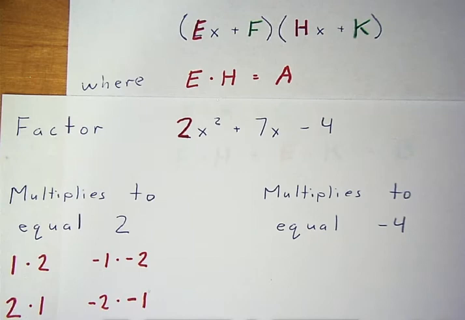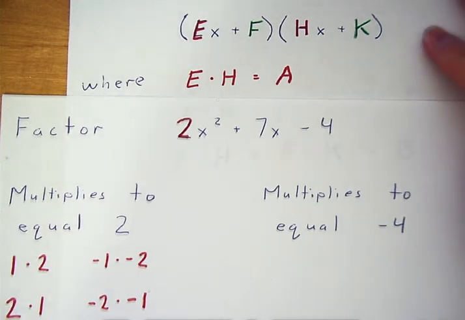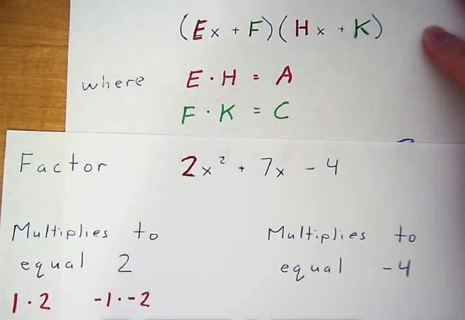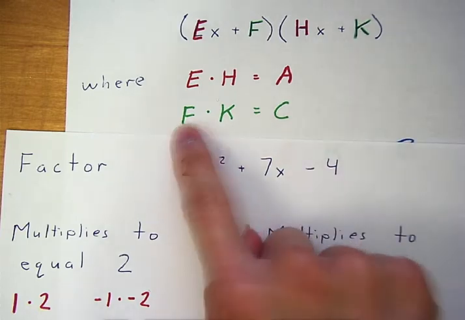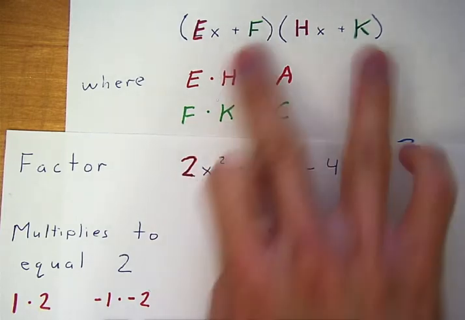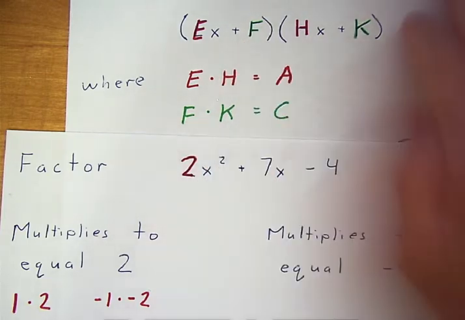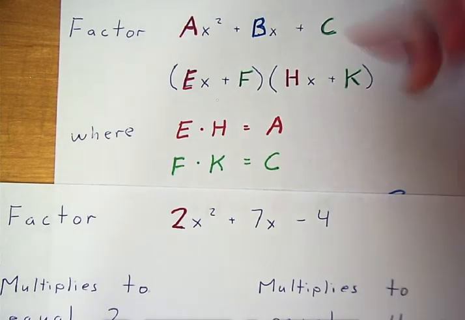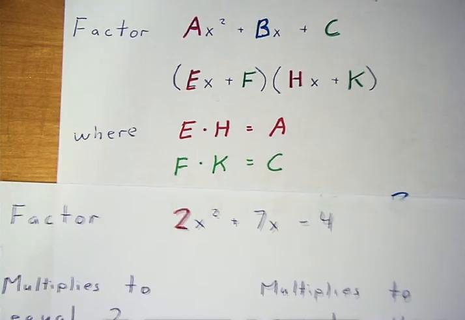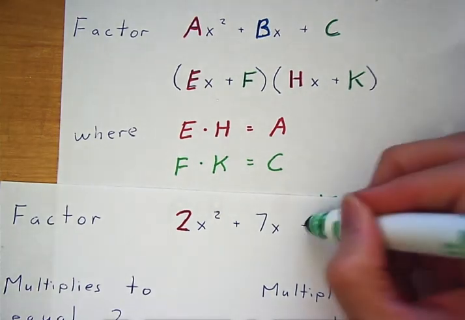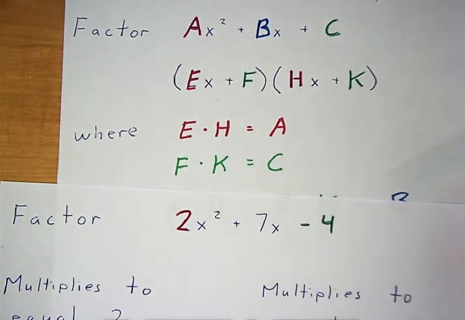So now, from what we were looking at before, you also know that this F and K, so these two numbers right here, will multiply to equal this C. In our example here, negative 4 is my C. So I'm looking for numbers that multiply to equal that negative 4.